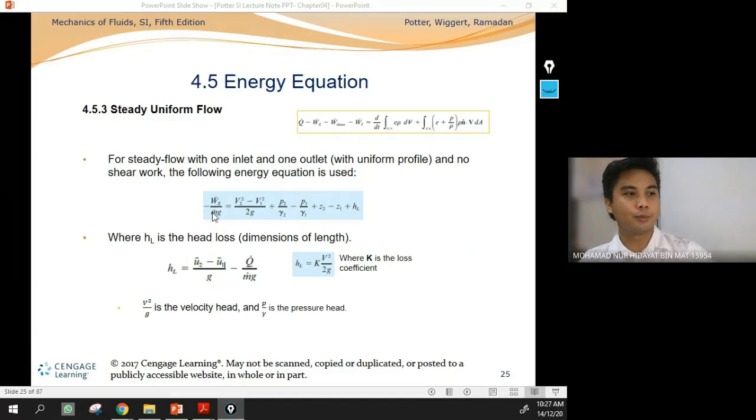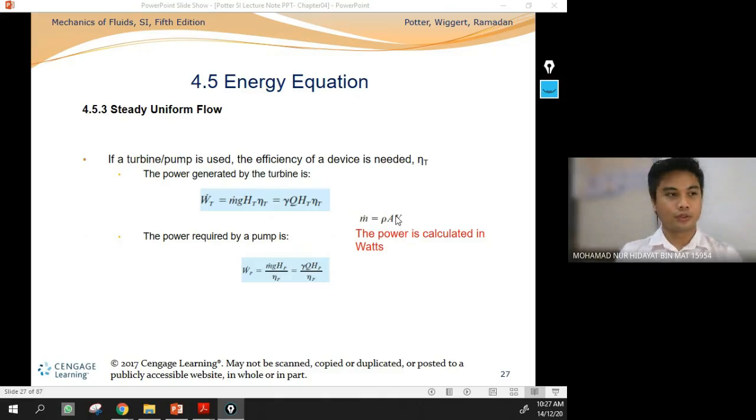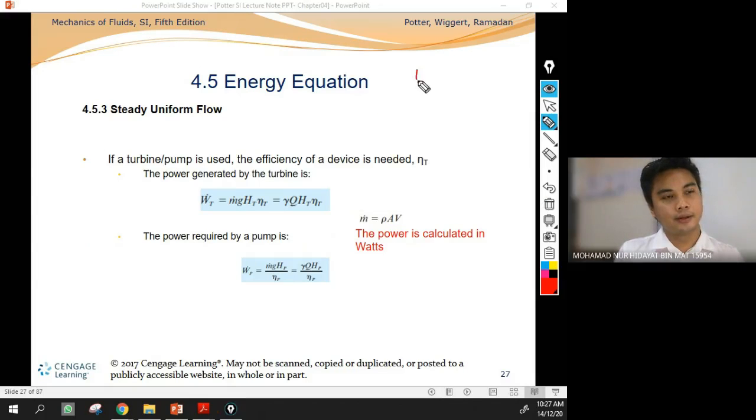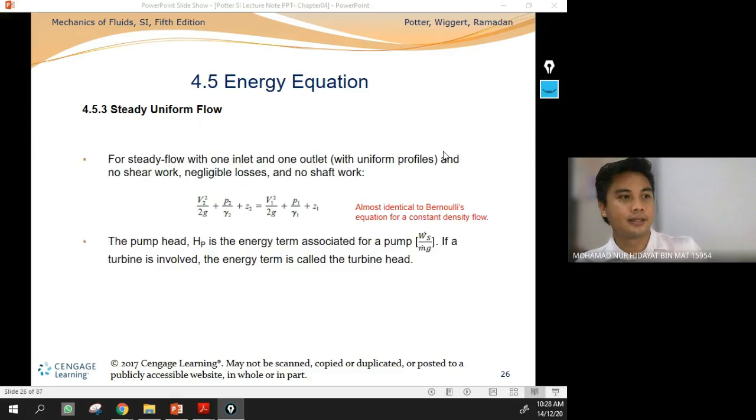Remember that we have Ws over mg. So from the previous equation, Ws over m dot g, if the equation reflects the head of the pump, plus v squared over 2g plus gz.